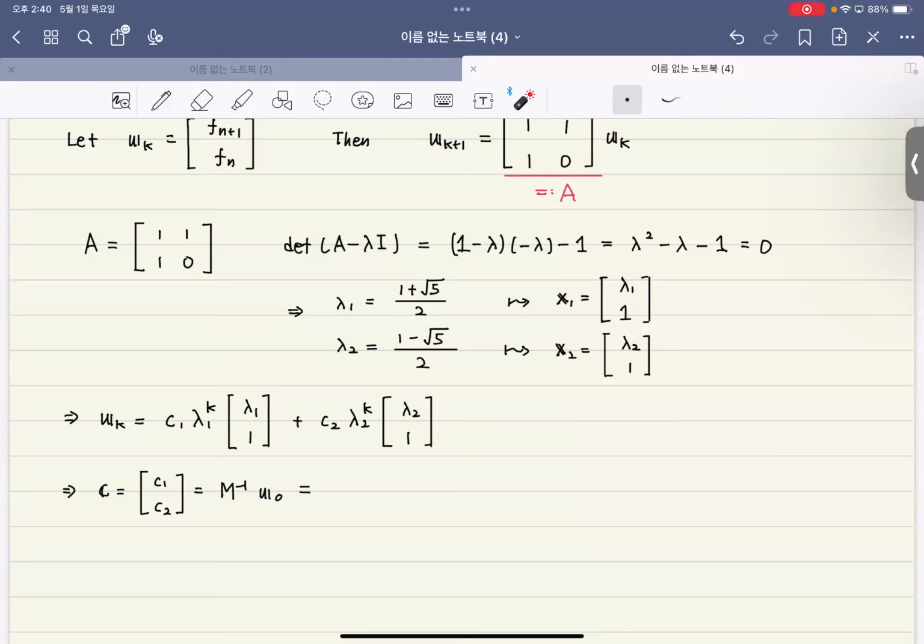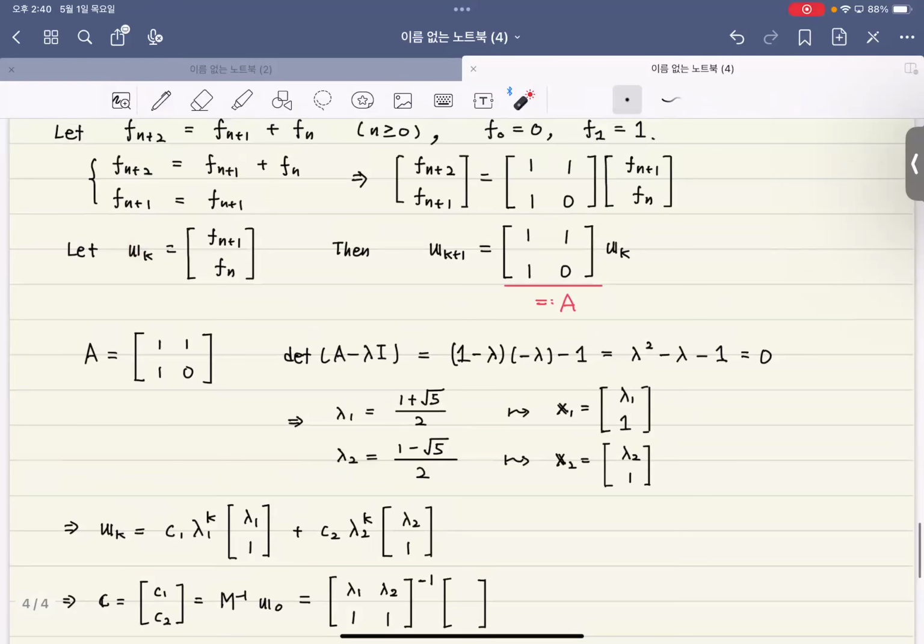M must be the matrix lambda 1, 1, lambda 2, 1. This is my matrix M, and I am supposed to invert this. And the initial condition U0 is, hey, wait, what was my UK then? This is my UK.